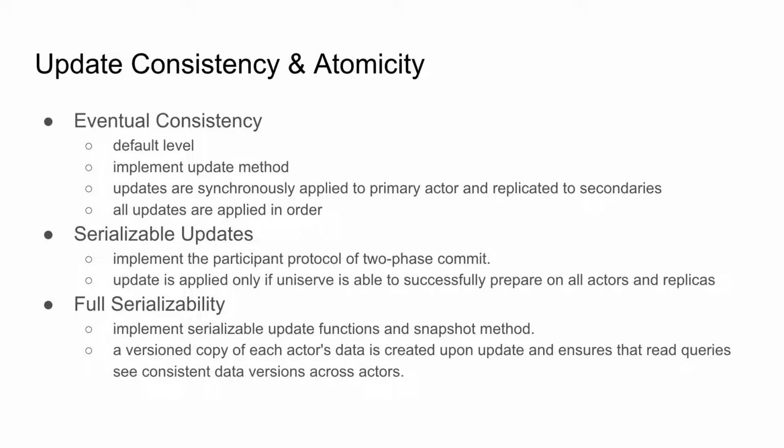There was another method that we had seen, which was optional, snapshot, that is used for providing full serializability. So you implement the update functions as well as the snapshot method, and Uniserve will create a versioned copy of each actor's data upon update, and ensure that read queries see consistent data versions across actors.